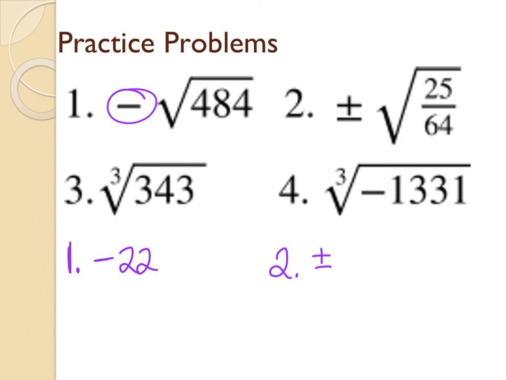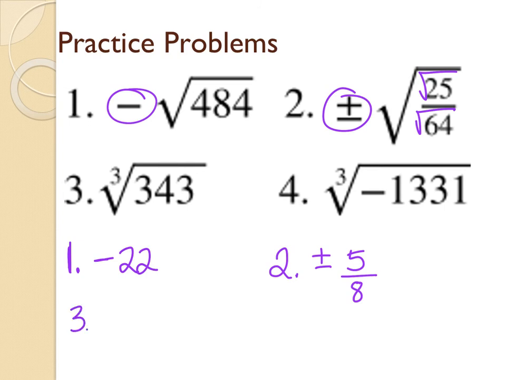Or you can take each one and do it separately, like the square root of 25 and the square root of 64, because these are easy that we can do in our head. So the square root of 25 is 5, and the square root of 64 is 8. Your plus and minus sign, negative sign here, is not on your calculator. You will have to just automatically bring it down to your answer.